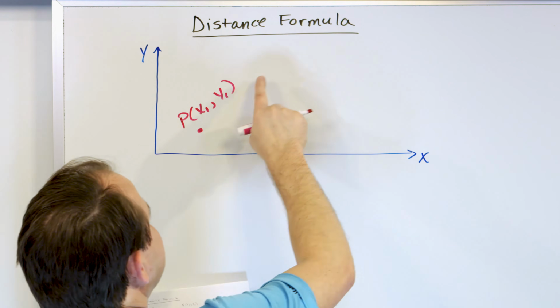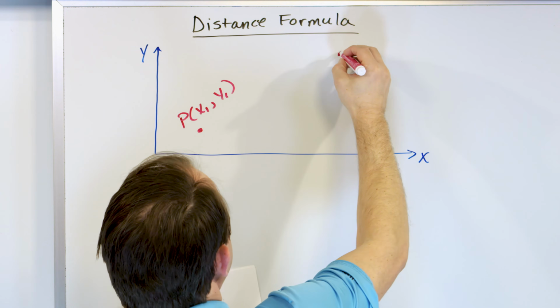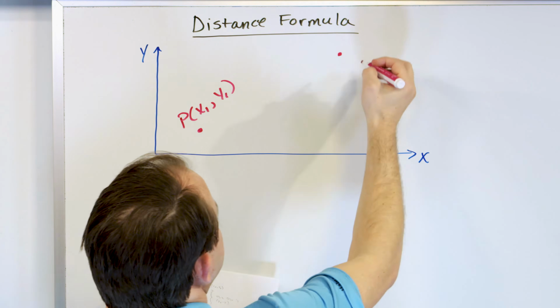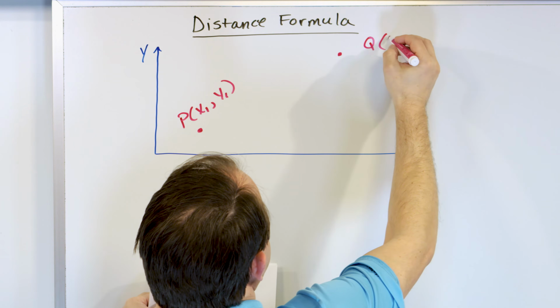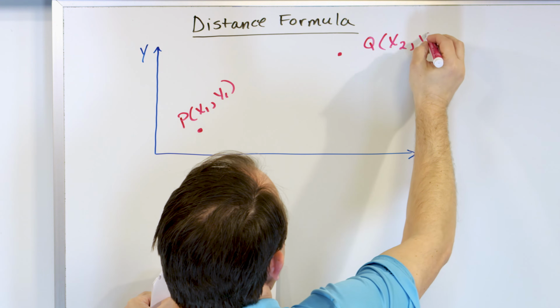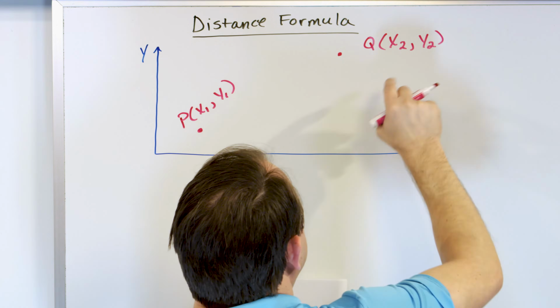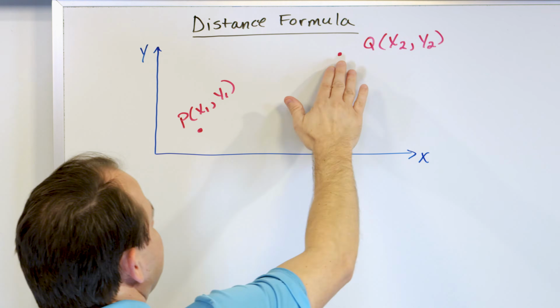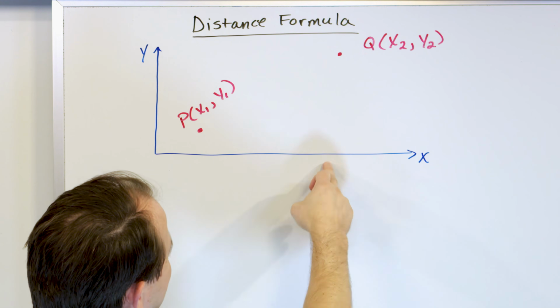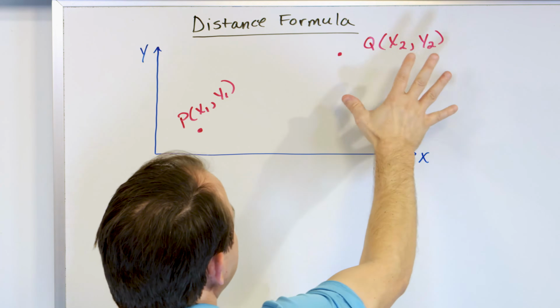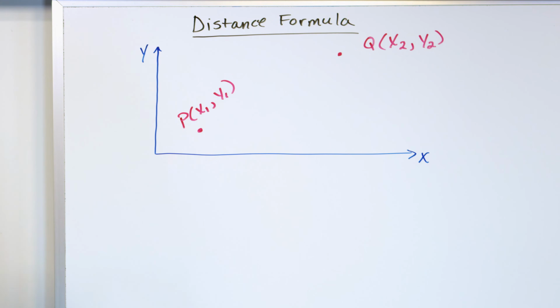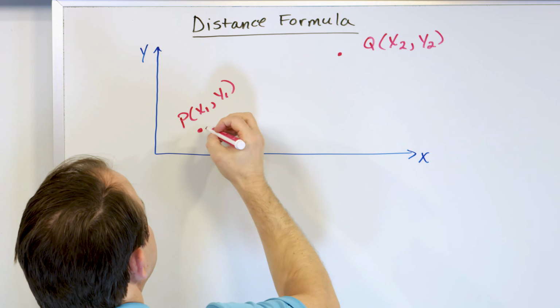And I want to measure the distance between P and another point Q, which has some coordinates x2, y2. So it's basically point x1, y1 and point x2, y2. Again, I've drawn this thing probably at like 10, 9 or something, but it doesn't matter. I'm keeping all the coordinates basically general because it can be anywhere.